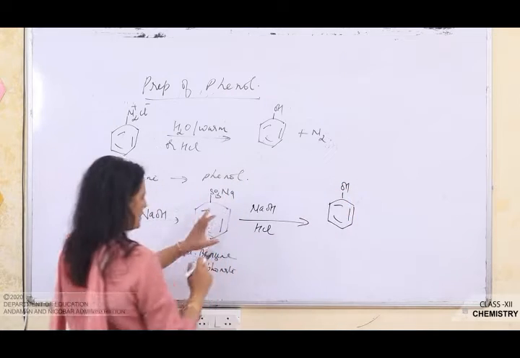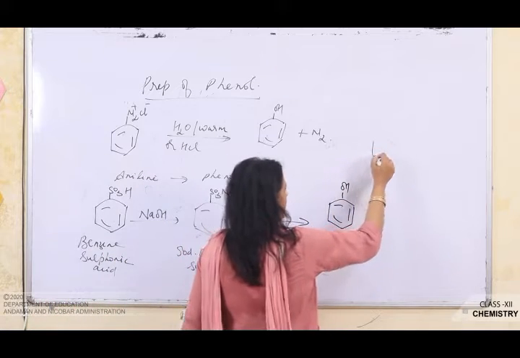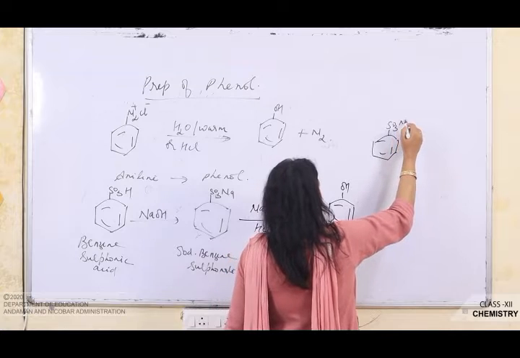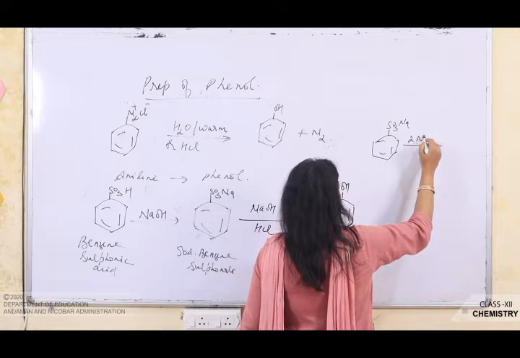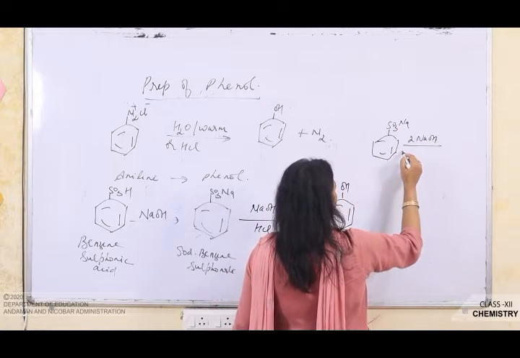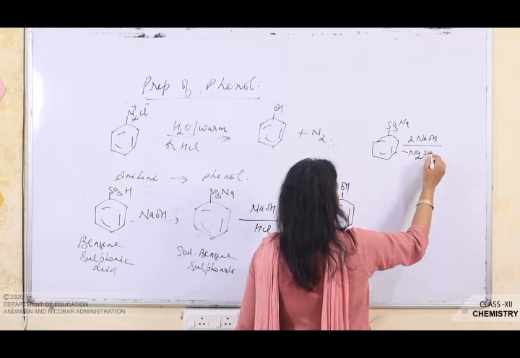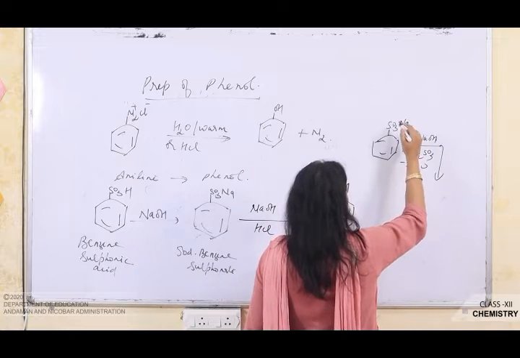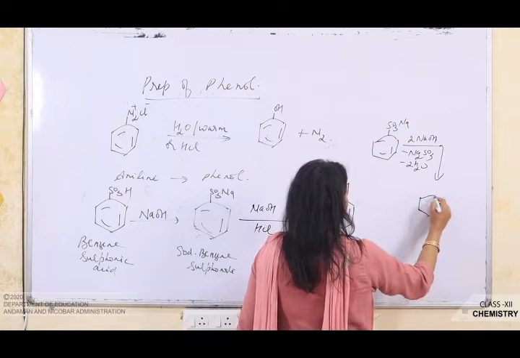So actually how this reaction happens is, sodium benzene sulfonate reacts with 2 molecules of sodium hydroxide, and from here 1 molecule of sodium sulfite and 2 molecules of water are eliminated. So what is left? Sodium phenoxide.